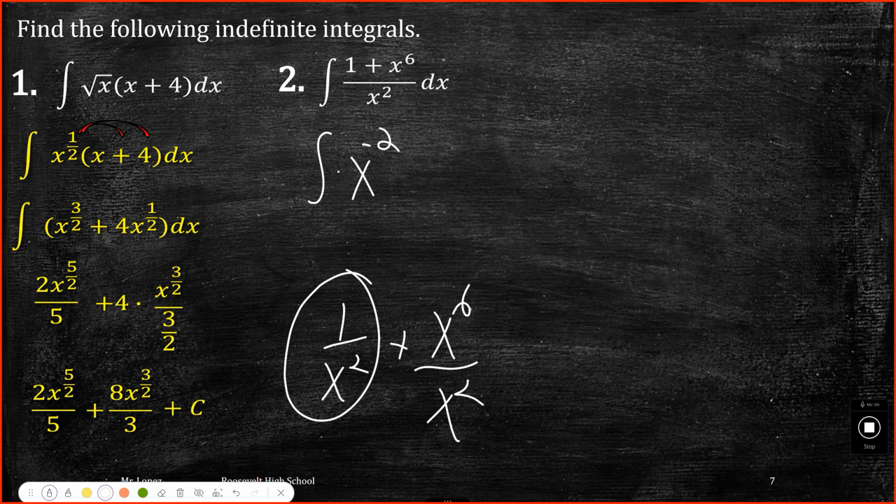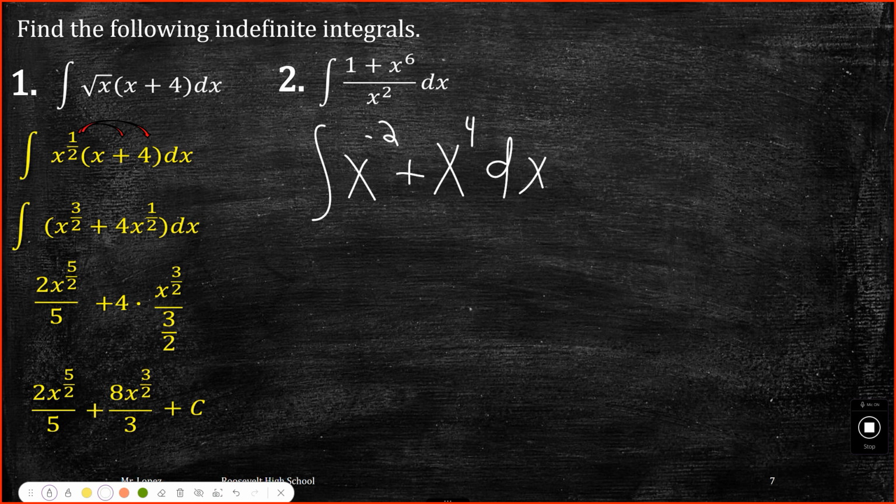So, and then this one, what is this? x to the negative 2. Okay, and then this is going to be plus what? x to the power 4 dx, and then you can just do the power rule. So you're going to add 1 to it.